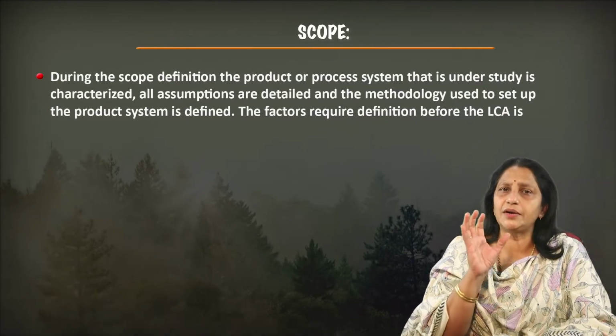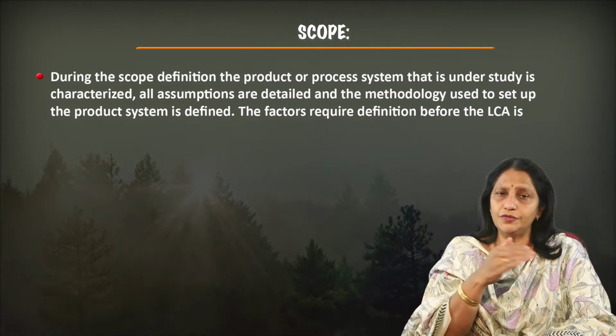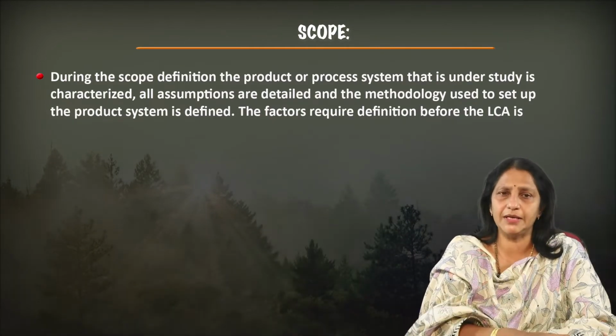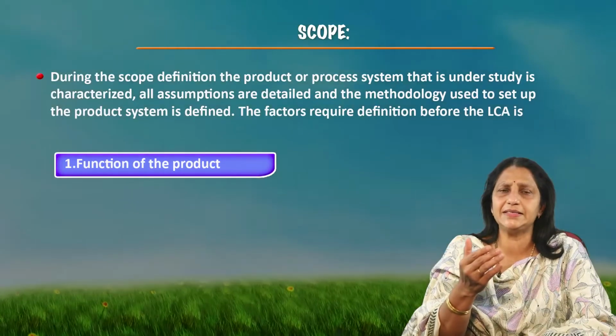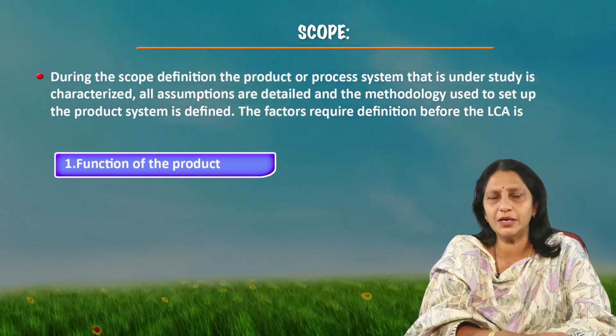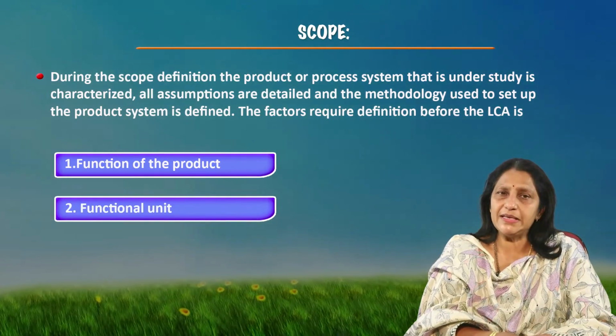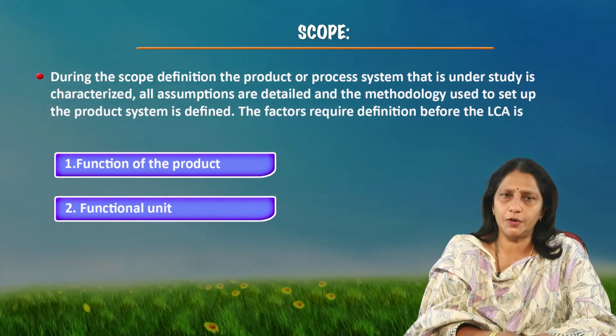The factors that require defining before the LCA are four or five factors. The first factor is the function of the product. That means what are the most important characteristic features of that product. The second one is the functional unit of the product.